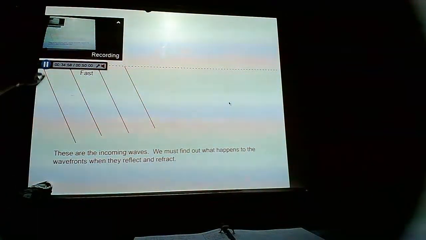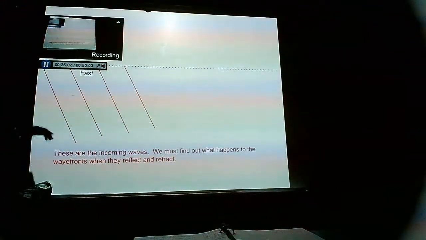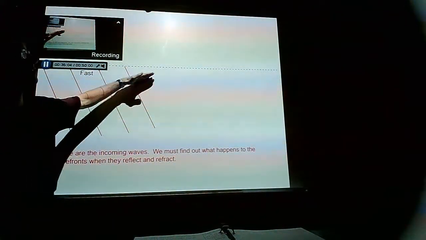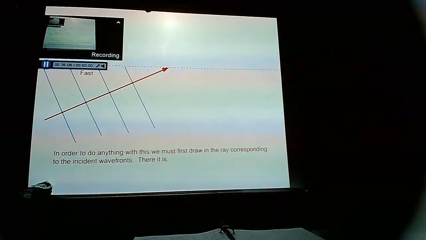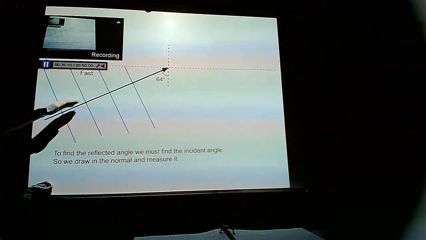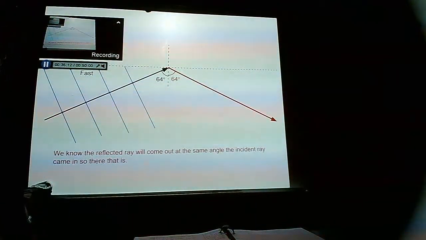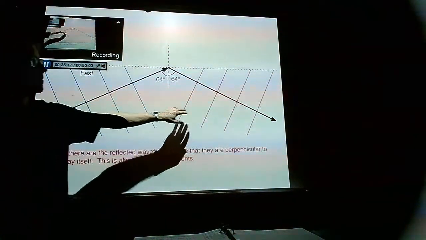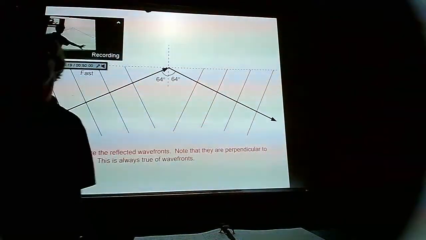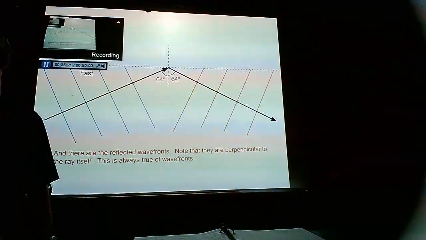So we've got these waves here, and again in our examples, the rays are just there to show us the direction that the waves are heading. So I can use this to show a little bit of reflection if I want. You'll notice these wavelengths are the same distance as these wavelengths. That's what you're looking for if you're in the same medium.